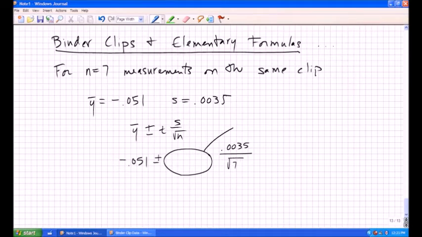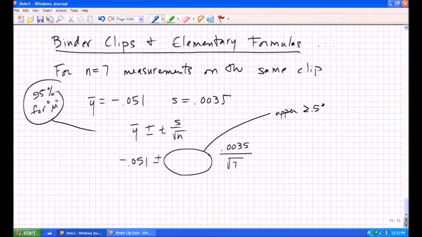This thing should be, say, if I want to do 95% confidence limits for a mean. So that's what I'm doing down here. What I want is the upper 2.5% point of the t-distribution with n-1 or 6 degrees of freedom.